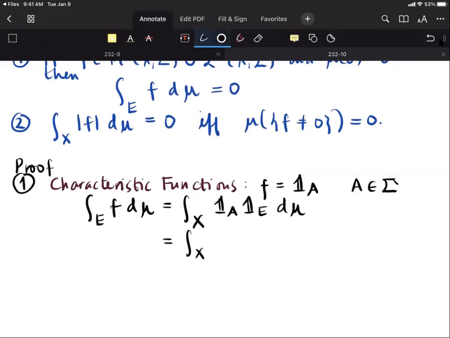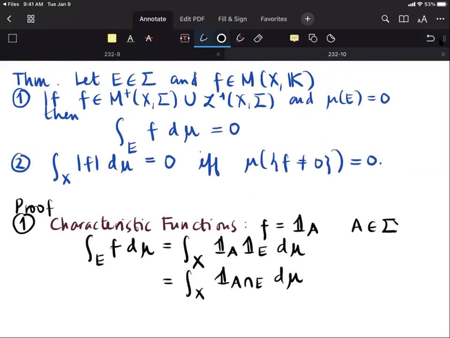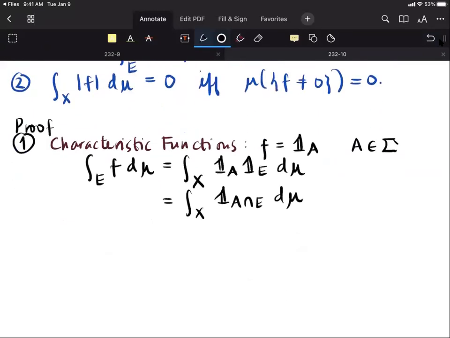That is the same as the integral of the indicator function of the intersection. And of course, this is the measure of the intersection.